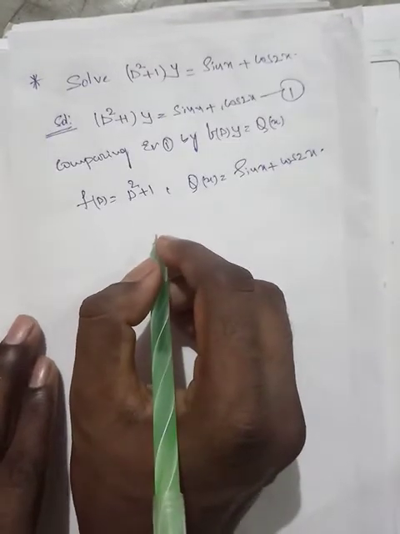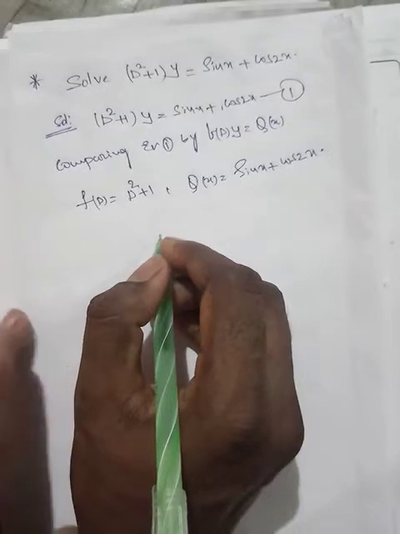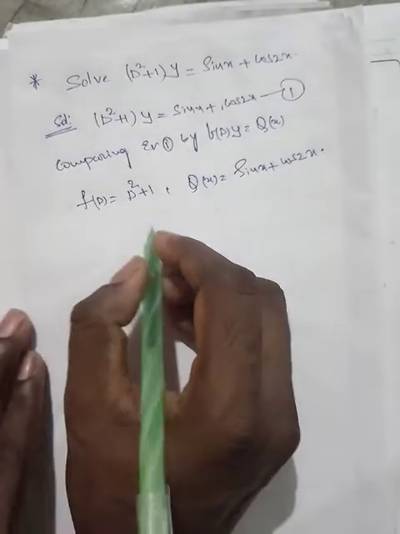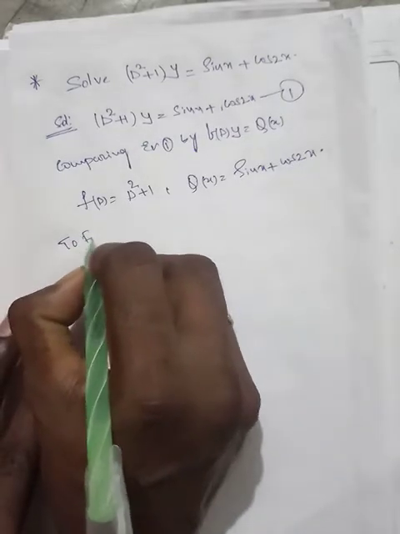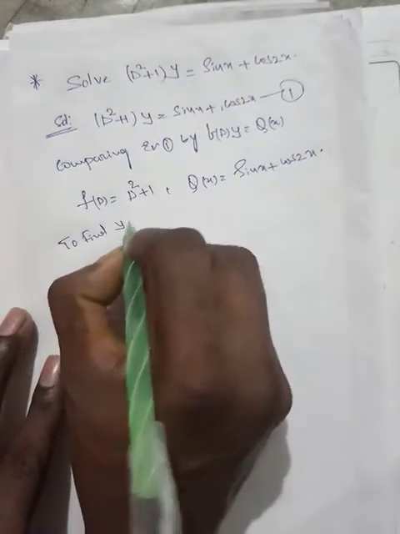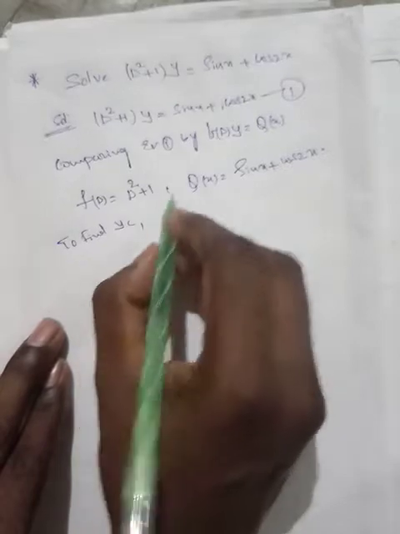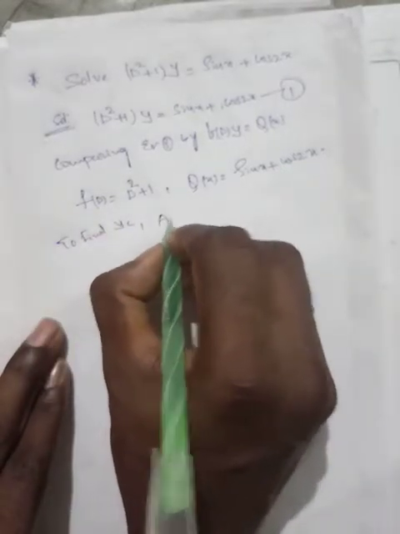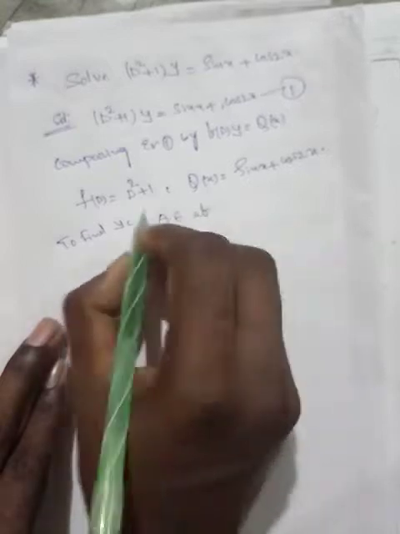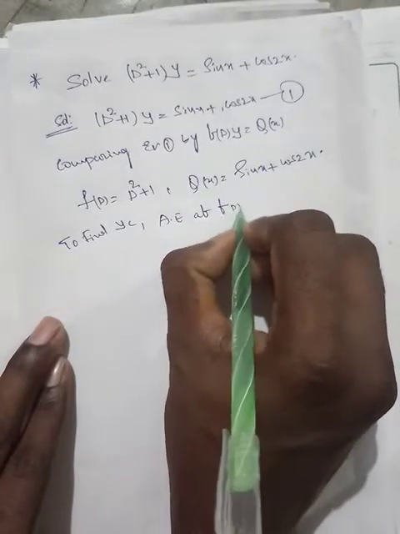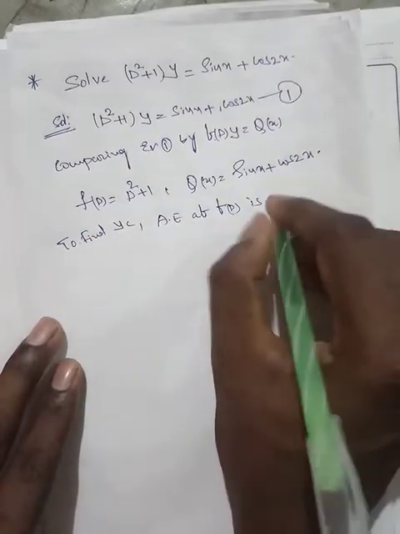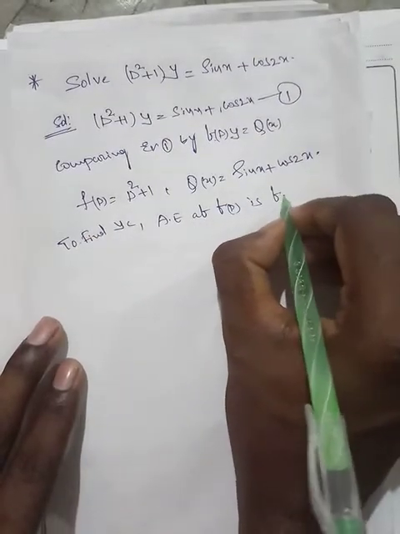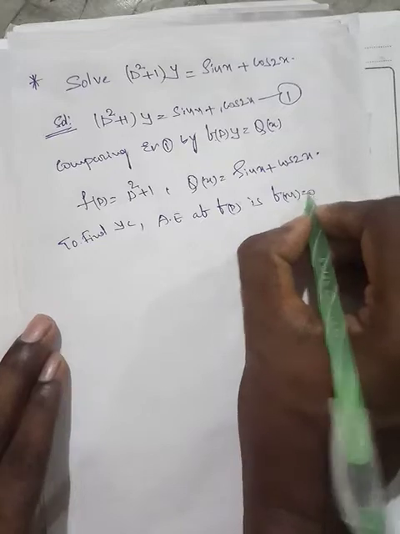Now we need to find the general solution. The general solution is y equal to yc plus yp. First I am finding yc. To find yc, we need to write the auxiliary equation of f of D, which is f of m equals 0.